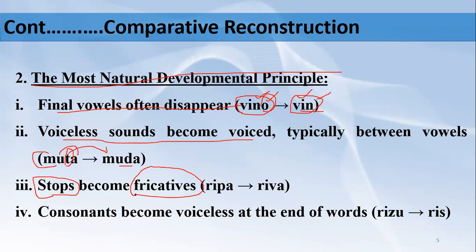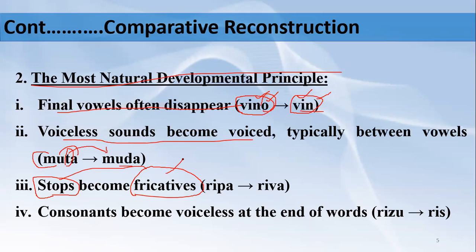In this process, the plosive sounds become fricatives. Fricative sounds are those sounds during the articulation of which two articulators, two speech organs, are brought close together, and the air forces its way out and thus produces a sort of friction between the articulators. Such sounds are called fricative sounds.